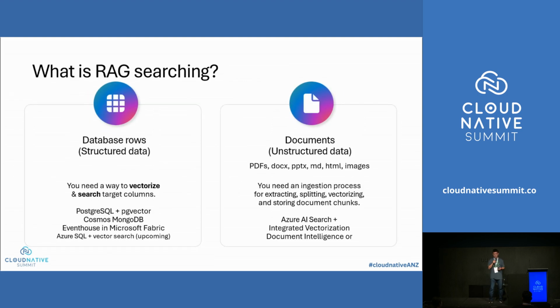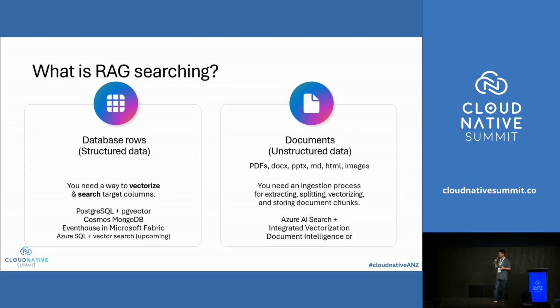So how does RAG work? We can use RAG for various data sources. You can see if you have a relational database, we can vectorize the data and search rows or columns. There are many databases that support vectorization, such as Postgres, Cosmos DB, MongoDB, things like that.